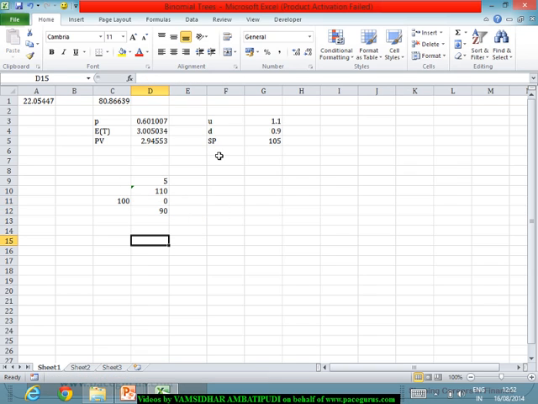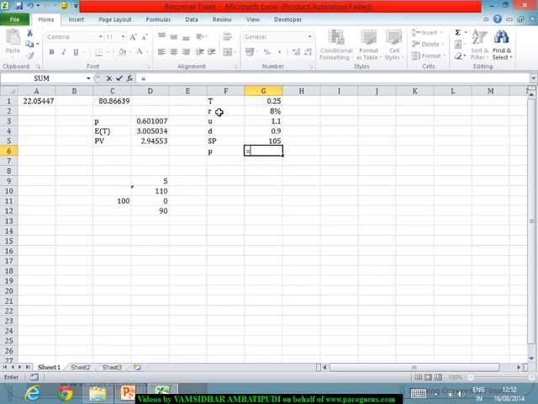At the same time, now I would be finding out the probability of upward movement, assuming the risk-free rate of return is 8%, and the time to maturity is 0.25 years.